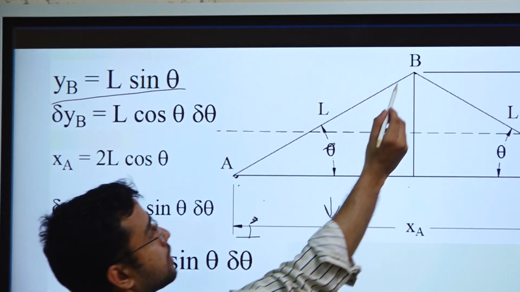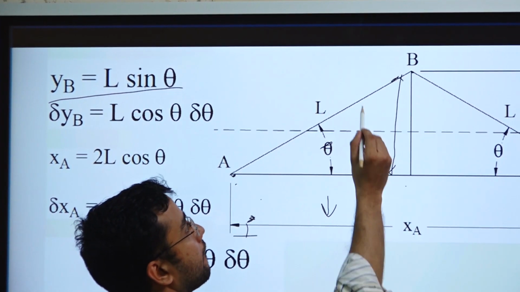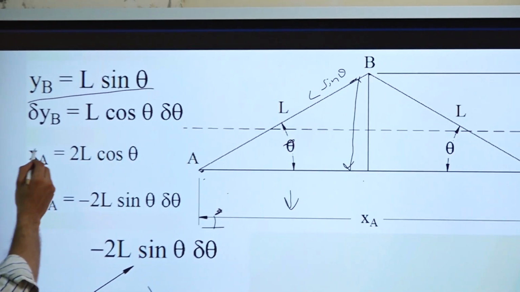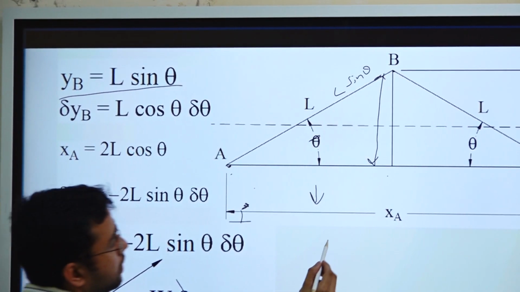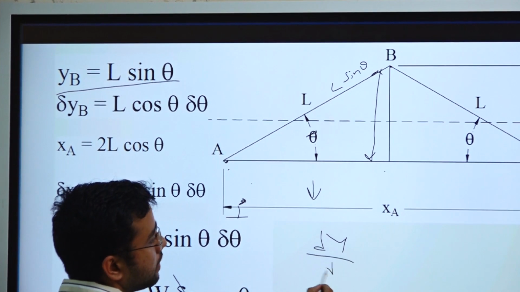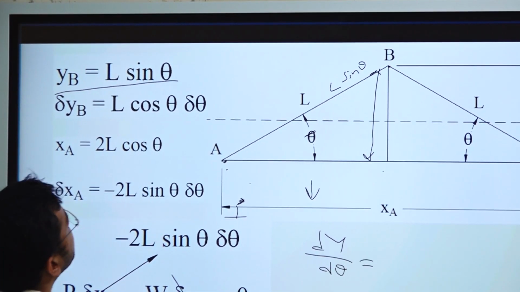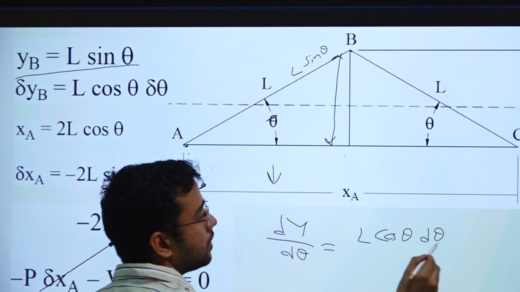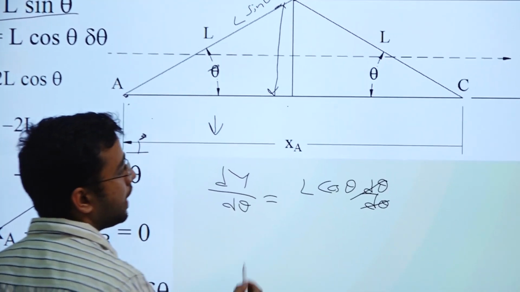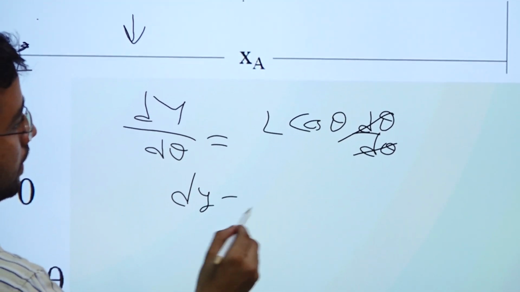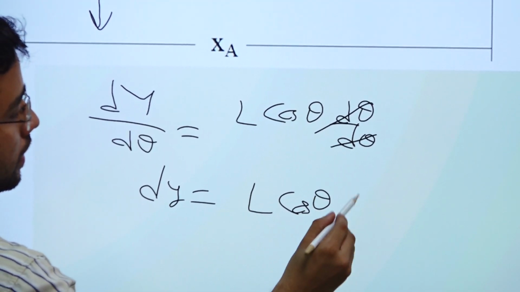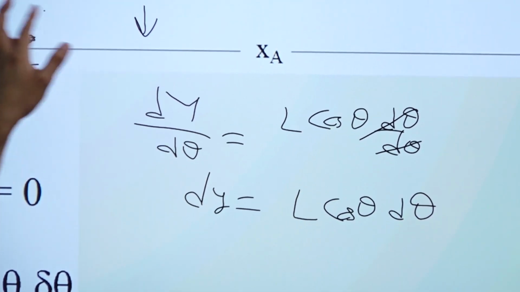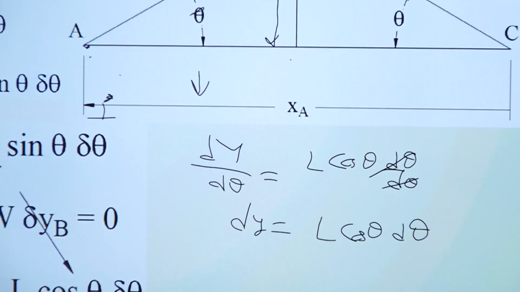So this whole thing will be L sin theta. If you differentiate YB with respect to theta, you get L cos theta d theta by d theta. So you can find dy in terms of cos theta d theta, right? So dy comes here and dx will come here, right?